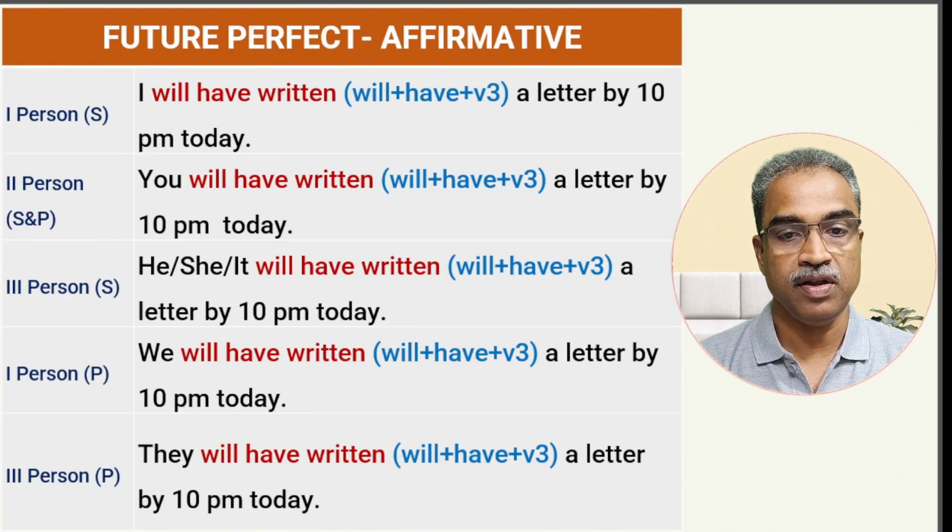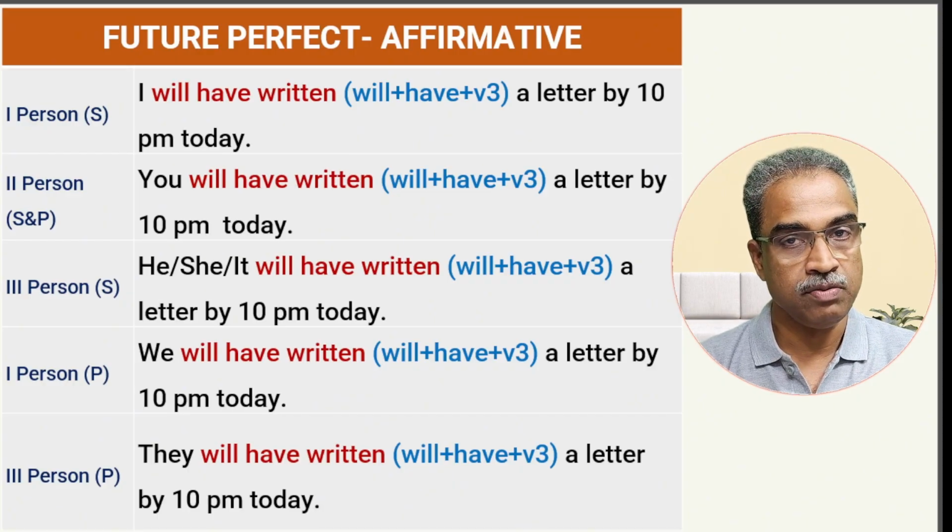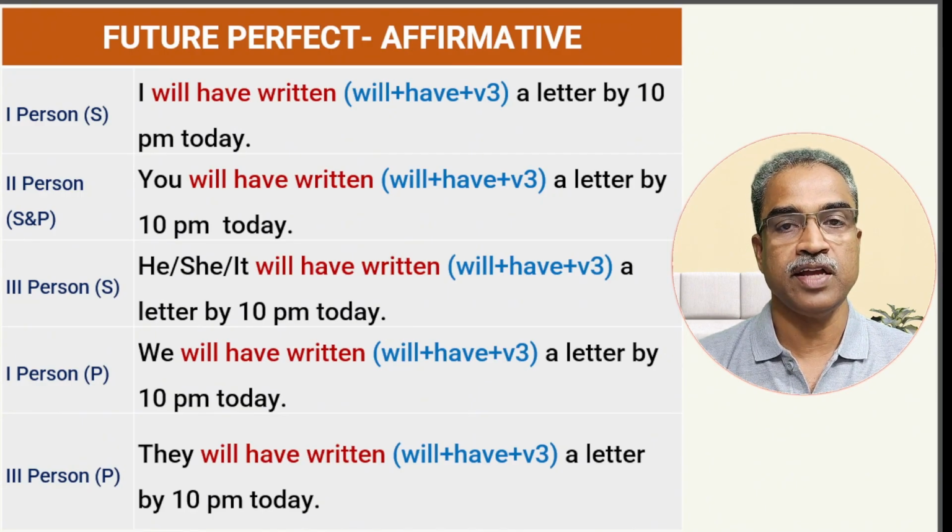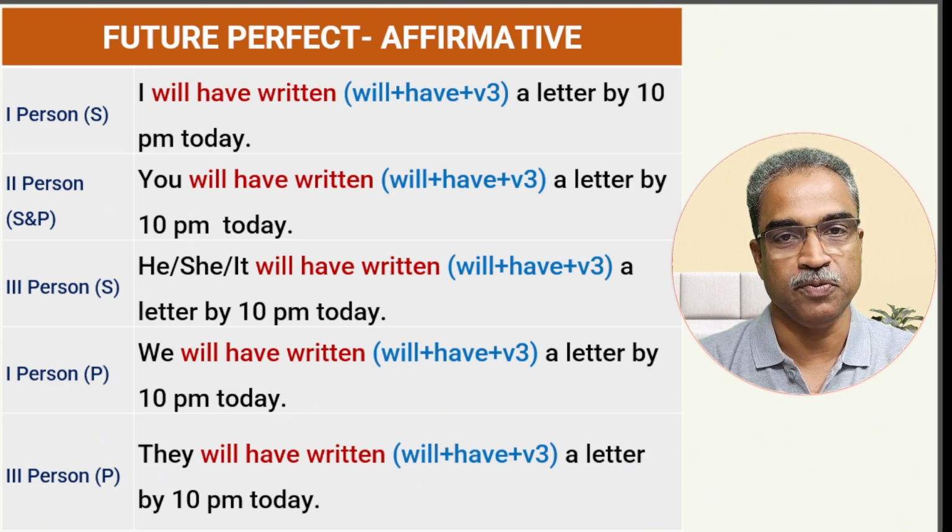So in our example here, I will have written a letter by 10 p.m. today. That means, have I finished now? No. Have I started? Maybe. Or else I will start now. Or else I will start after some time in the future. Then I will complete by 10 p.m. today. It's clear? I hope so.